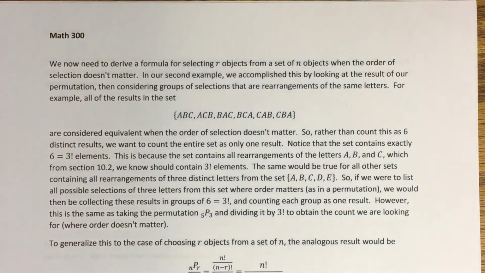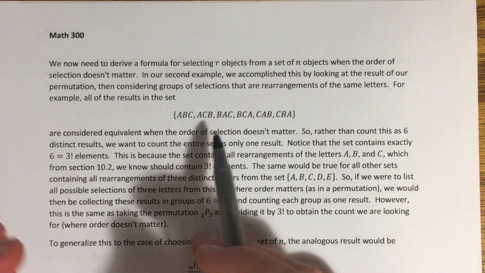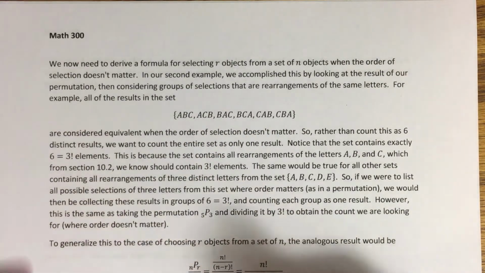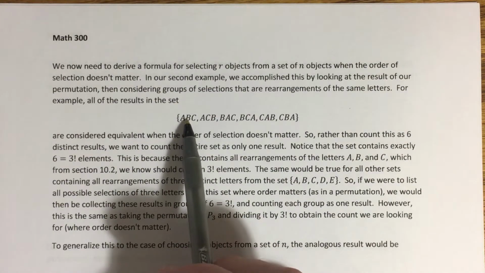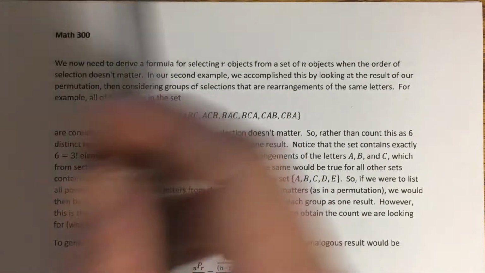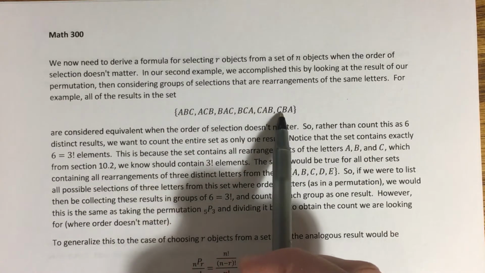And we considered a case where we're selecting 3 letters from a 5-element set, and we listed 6 of them in a previous example where it's the same 3 letters just with different rearrangements.